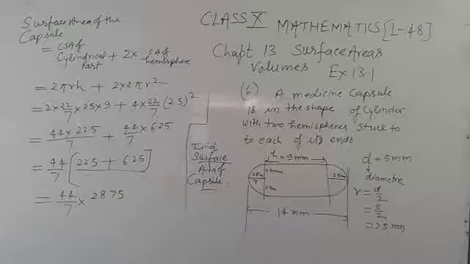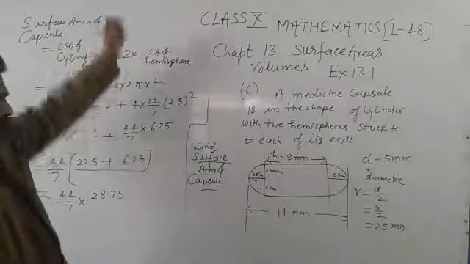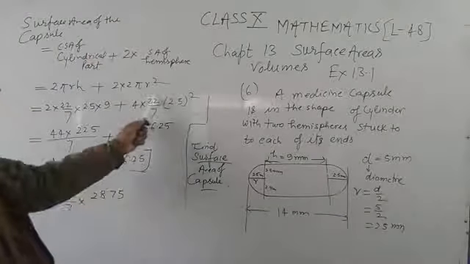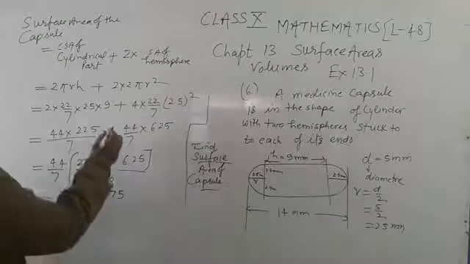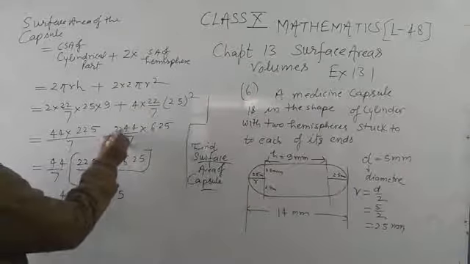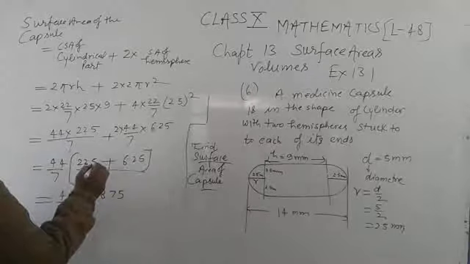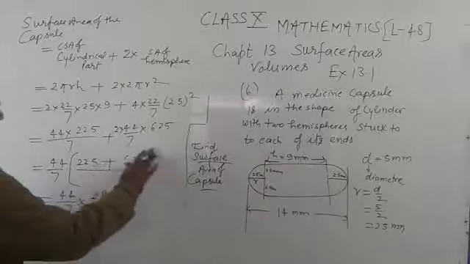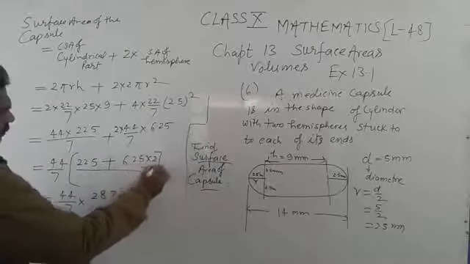So students, see here, there is a correction. I think 22 4 88. So there should be 2 multiplied here. 2 is also there, and therefore here we will multiply by 2. Okay.